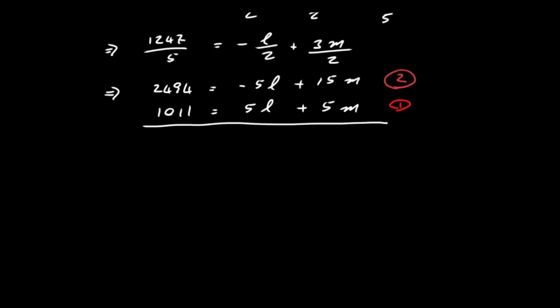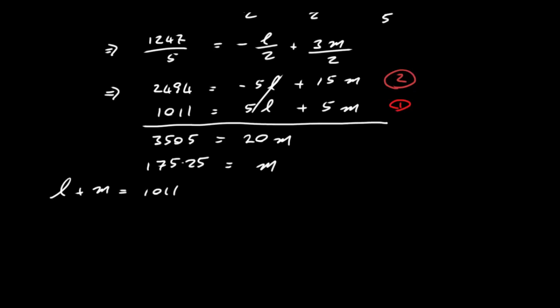So when you add these two, you get 3505 is equal to 20m. Finally we get m is equal to 175.25.